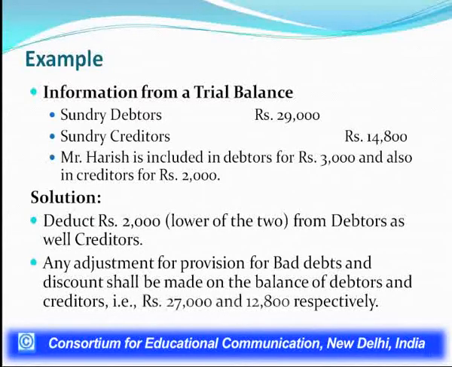Thus we have discussed many possible adjustments, but even if there are other adjustments, we simply have to apply the basic rules of debit and credit or the basic rules of rectification of errors and omissions.